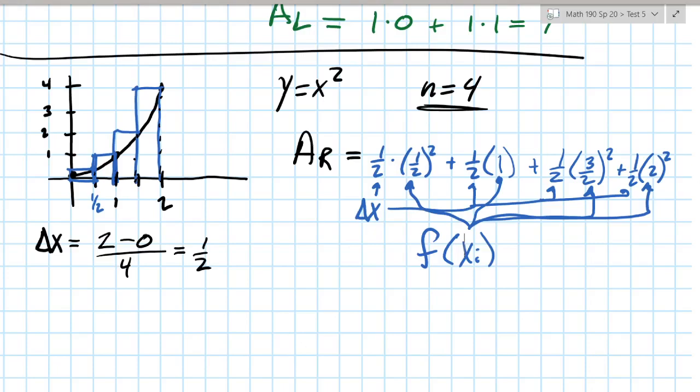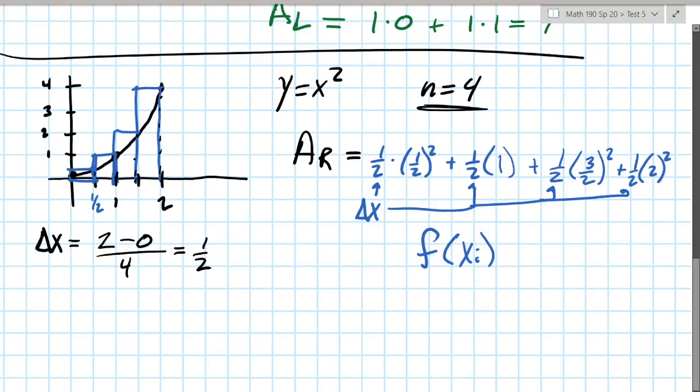Here, let's try a different color. There we go. So 1/2, 1, 3/2, and 2.